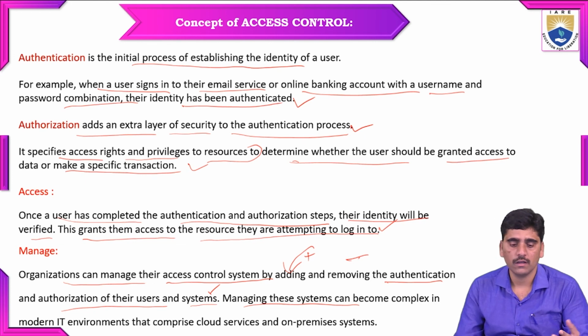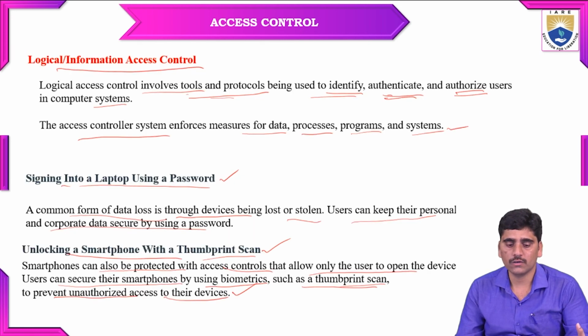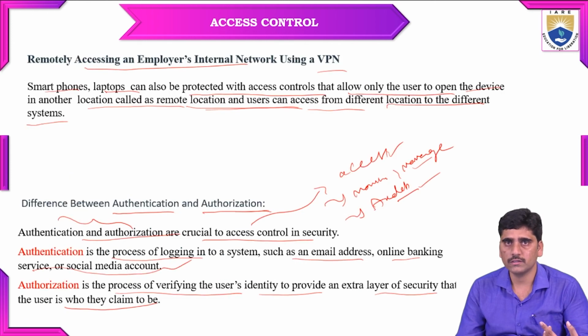So we can see here authentication, authorization, access, manage, audit, and everything. How does access control work actually? There are two types: physical access control and logical access control. Based on the person's verification and user verification, they can access the system.